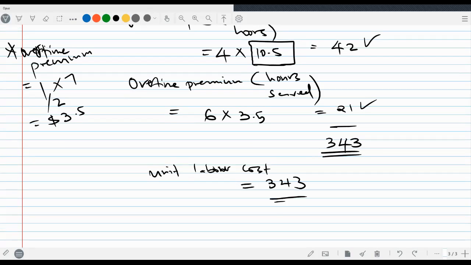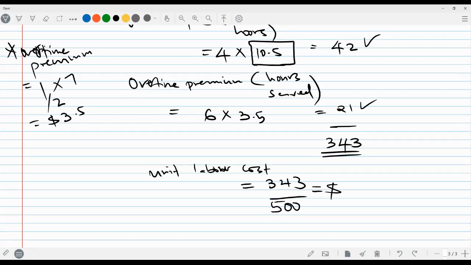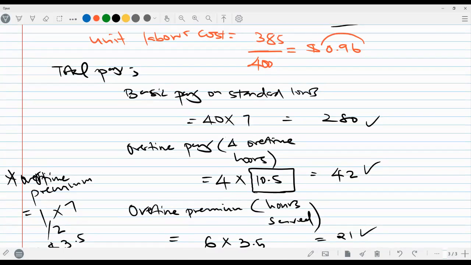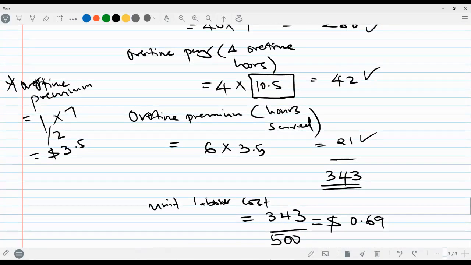Therefore, we divide by 500, giving a cost per unit of $0.686, which is 0.69. We make a comparison. The cost per unit before was 0.96, and after it is 0.69.